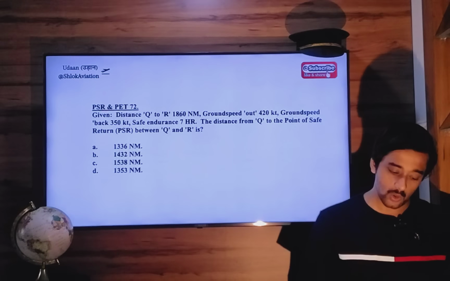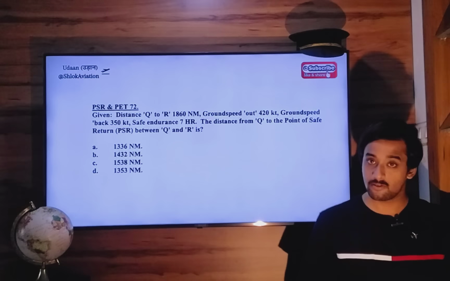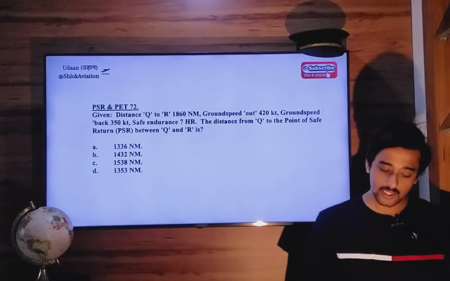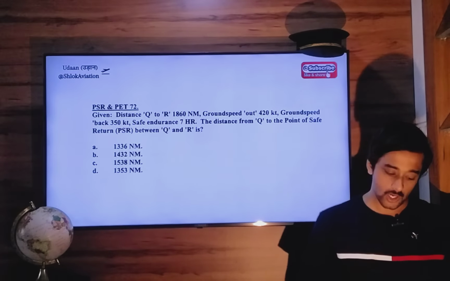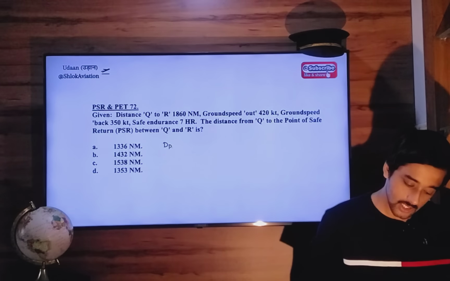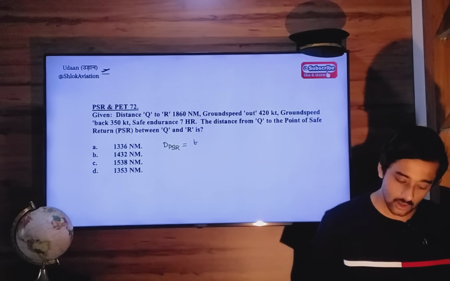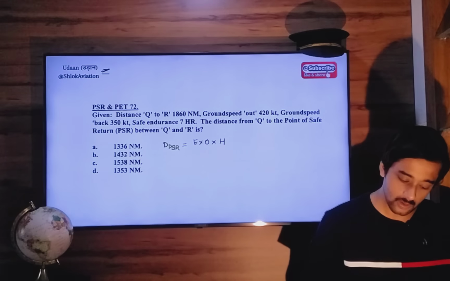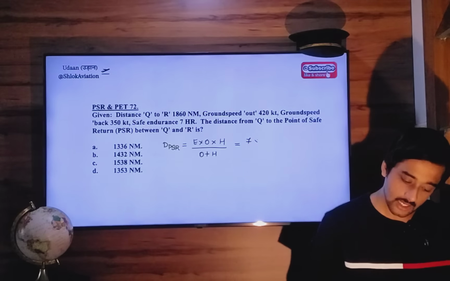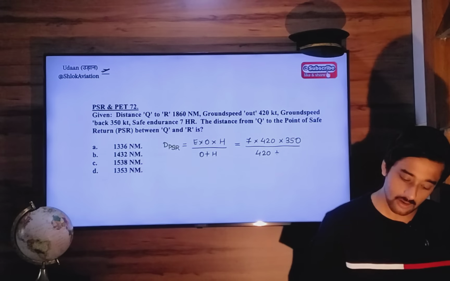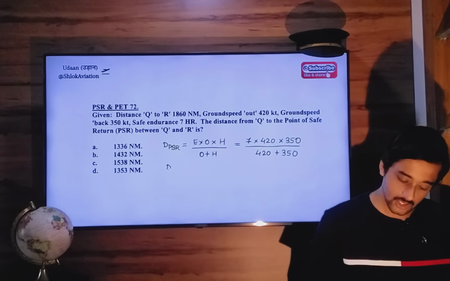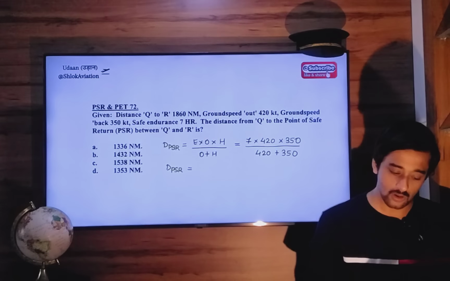Next, distance Q to R 1860, outbound speed 420, homebound speed 350, endurance 7 hours. The distance from Q to the point of safe return. So distance to the point of safe return is endurance into outbound into homebound divided by outbound plus homebound. So 7 hours into 420 into 350 divided by 420 plus 350.